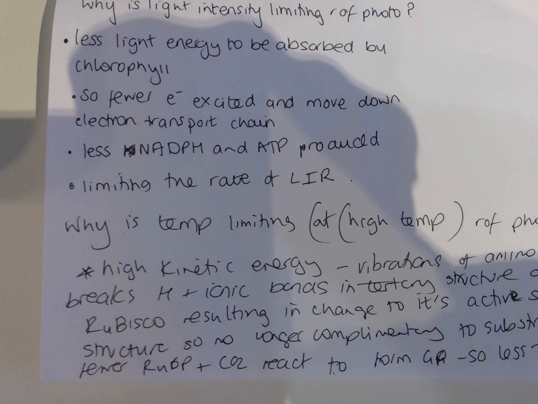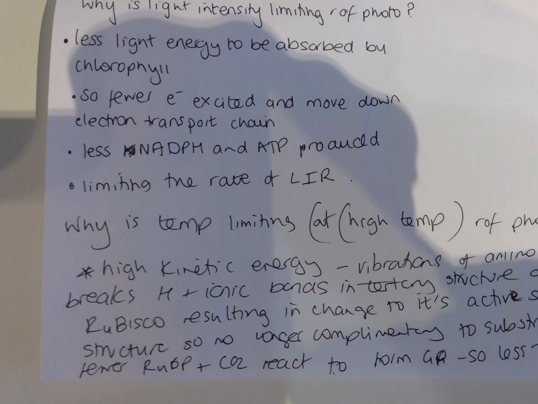So if it was a high temperature, you'd be using your knowledge from year 1 enzymes. So high kinetic energy, causing vibrations of amino acids, breaking hydrogen and ionic bonds in the tertiary structure of, this time, a named enzyme, Rubisco, resulting in a change in its active site structure.